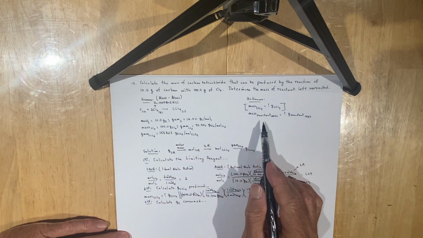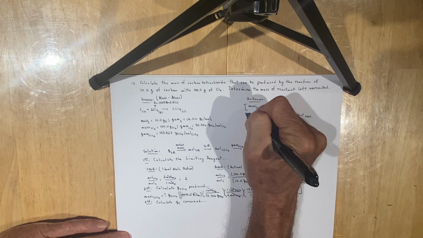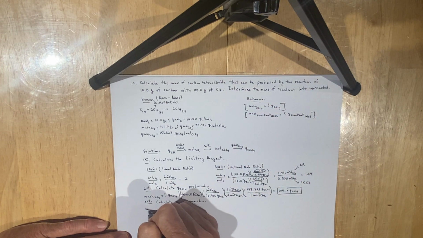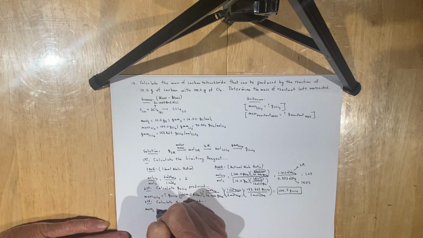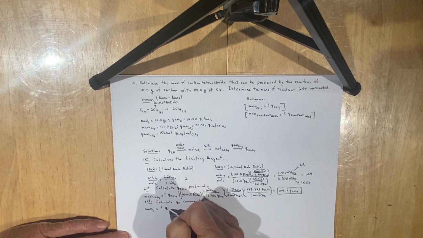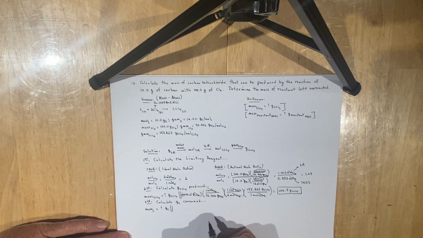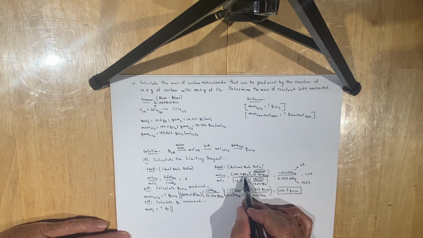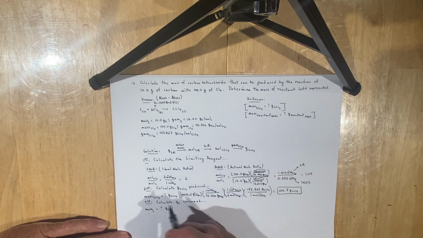So we're going to use this statement, because carbon's in excess. So we're looking for the mass of carbon in units of grams of carbon. We're going to go ahead and start with grams of chlorine as our limiting reagent.